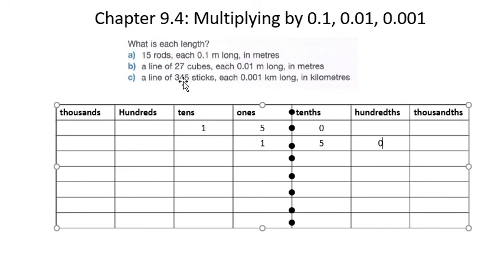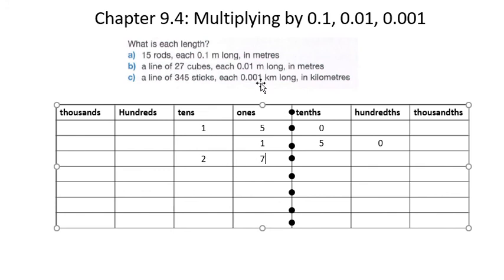Let's try another one. We have 27 cubes, each of them 0.01 meters long. This 1 is in the hundredth column. So I'm going to write 27 cubes as 2 tens and 7 ones. So I've rewritten my 27 cubes as 2 tens, 7 ones.